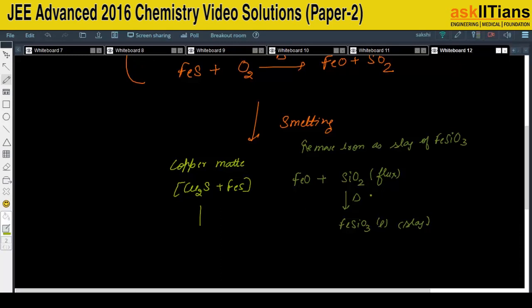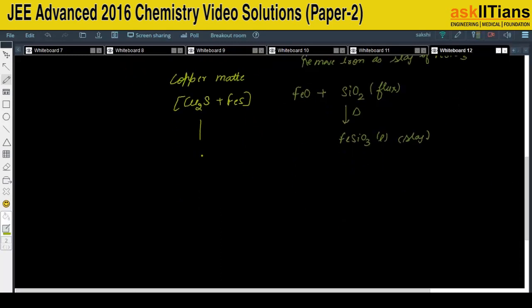Now this is asked to undergo self-reduction. This self-reduction, you should know, occurs in Bessemer's converter. And for your convenience, again, I'll tell you the reactions taking place.